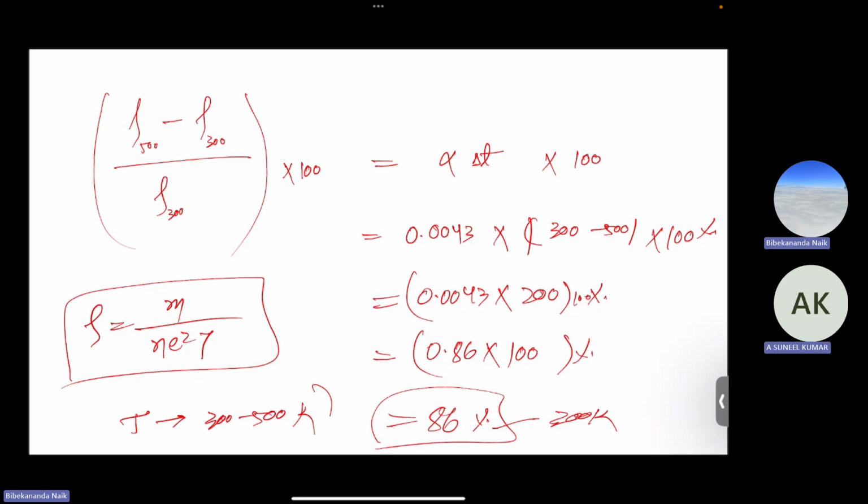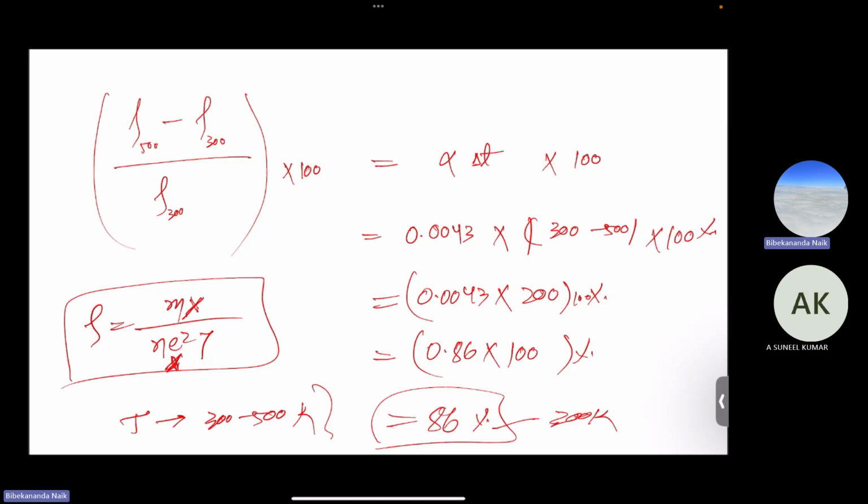Will the mass of the electron change? No, the mass of the electron will not change. The charge of the electron is again a constant, it will not change. Also, the electrons are flowing inside that matter, they are not being lost anywhere. So the number density will again be the same.